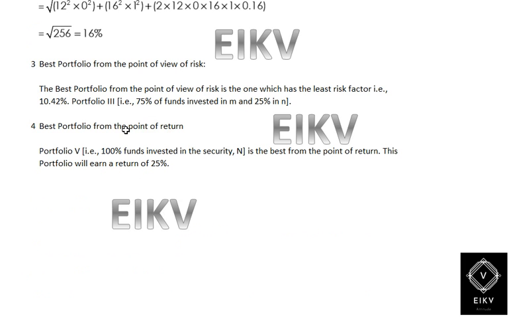Now the fourth one, the best portfolio from the point of view of return would be portfolio 5, that is 100% of funds invested in N. As we discussed, the return will be 25%.